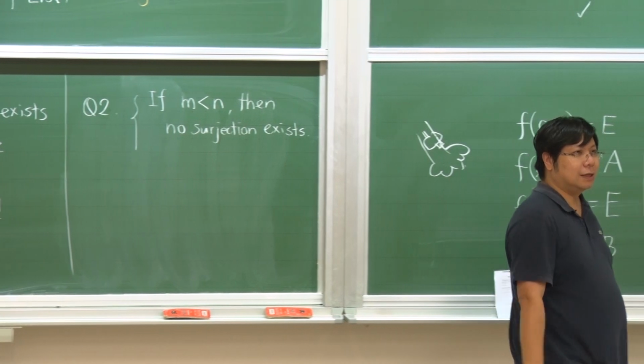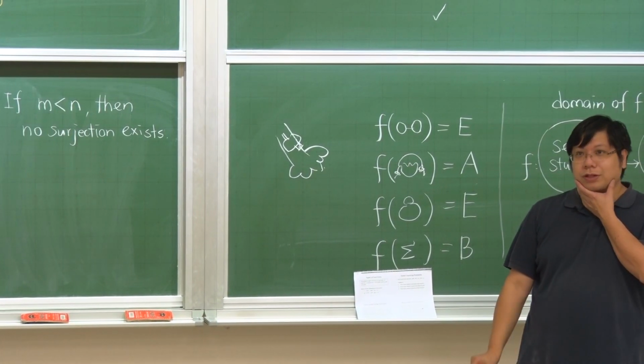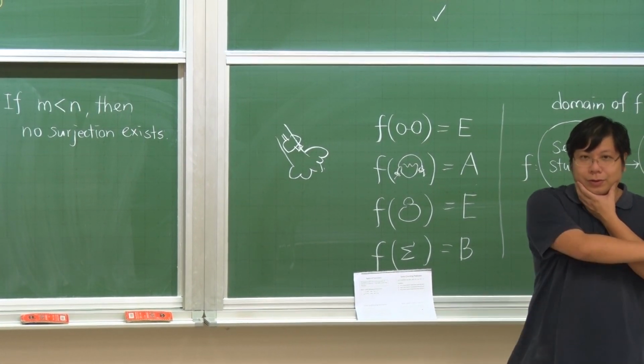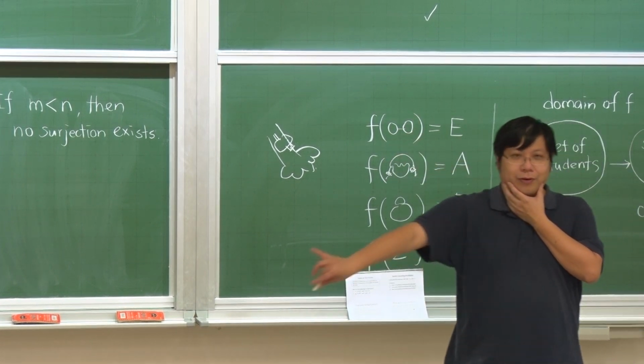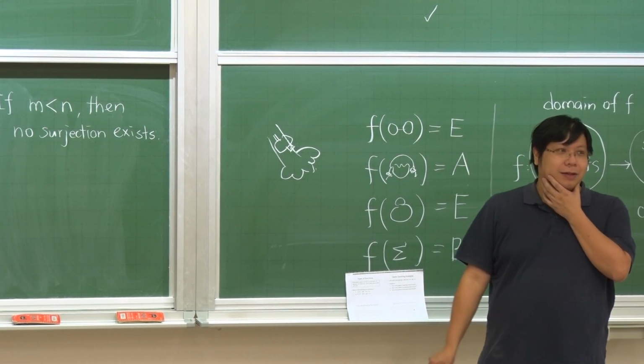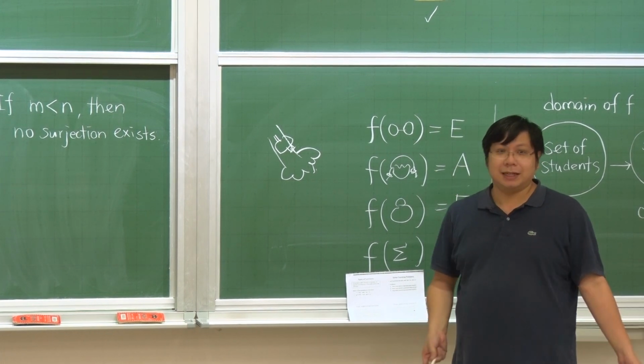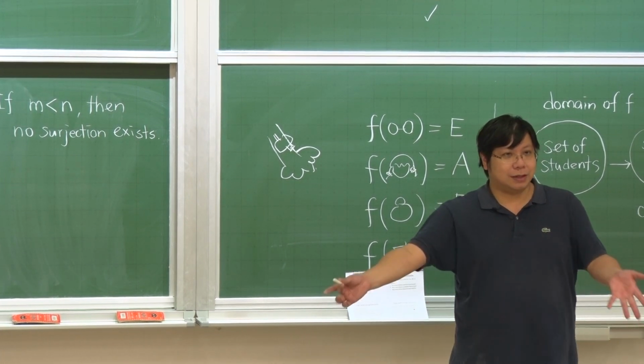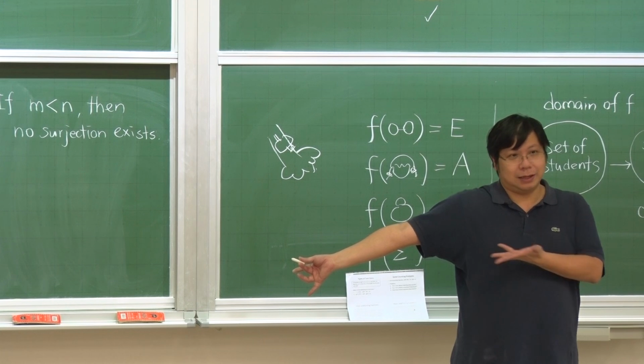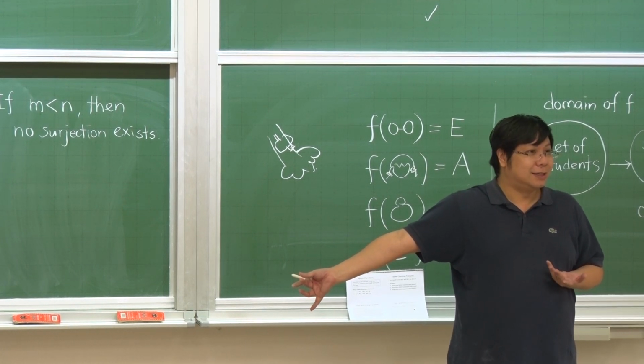So surjection is what? For a surjection, you need to cover all the elements. If you do not have enough items from A, then you cannot cover all the things in B, am I correct?